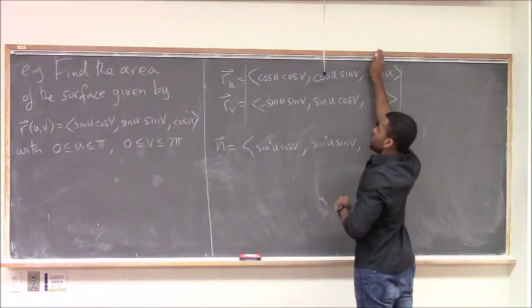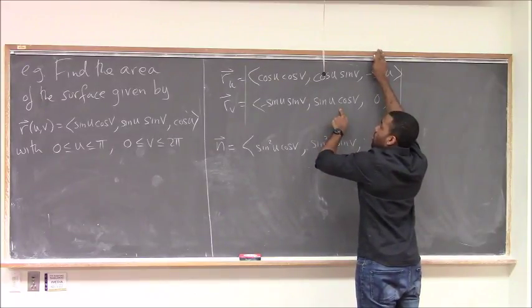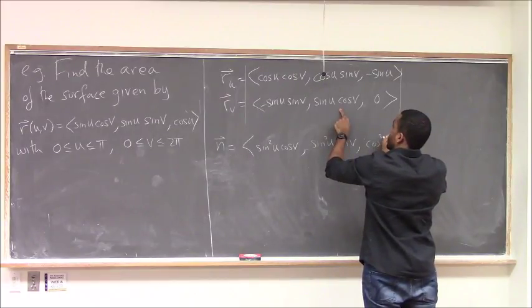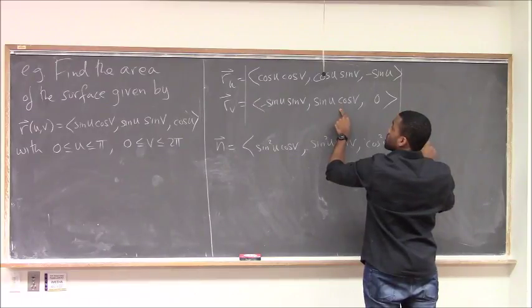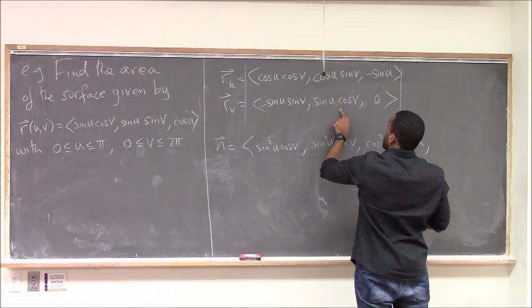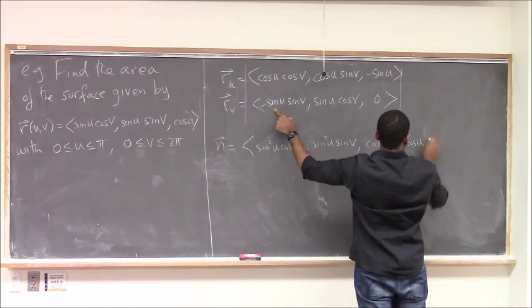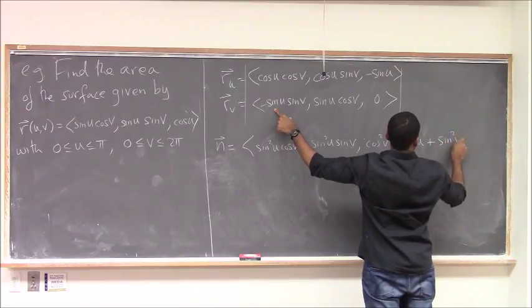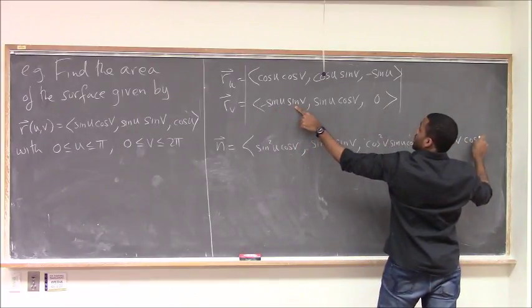And blocking out the last one, it's this times this, which is cosine squared v sine u cosine u, plus sine squared v times cosine u sine u.